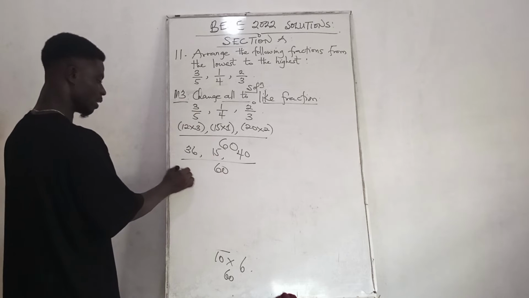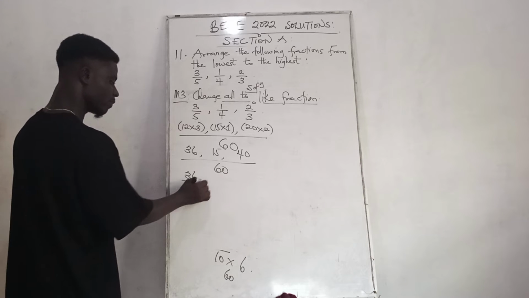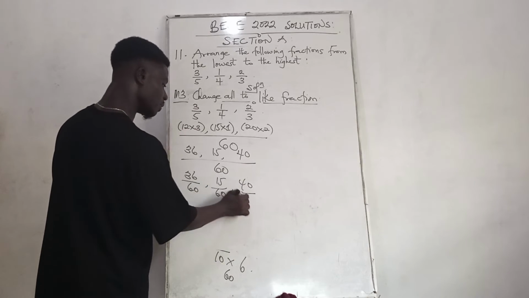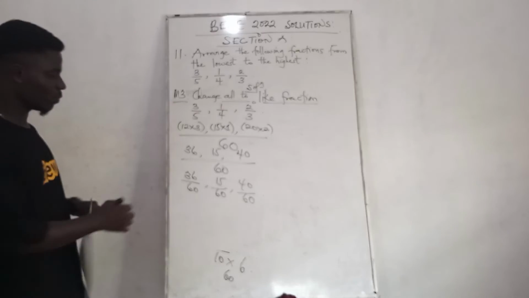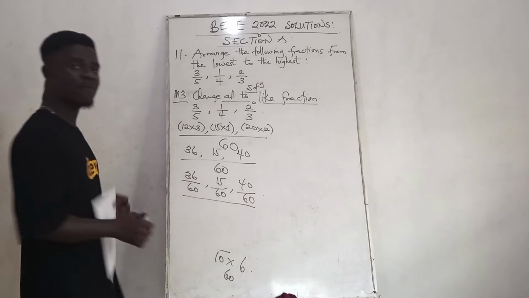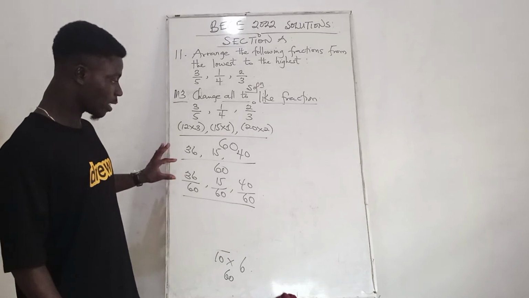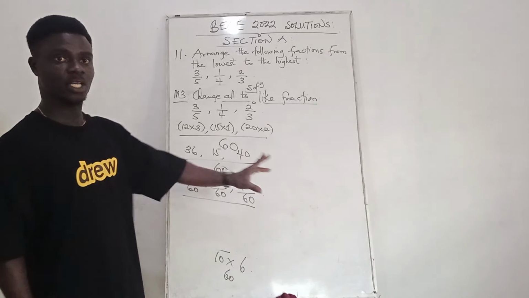So now we can see that we have 36 on 60, we have 15 on 60, we have 40 on 60. Right. So now we can see that they have the same denominators. So we can compare using their what? Numerators.